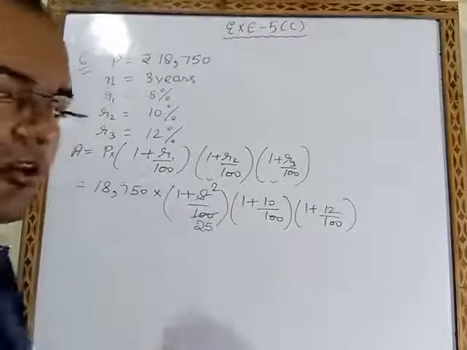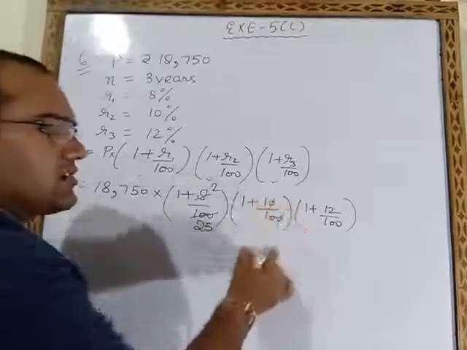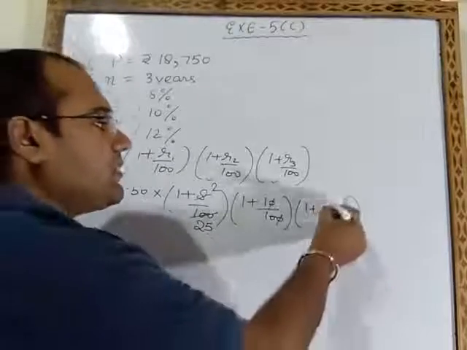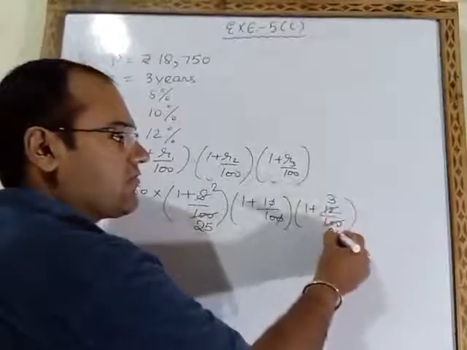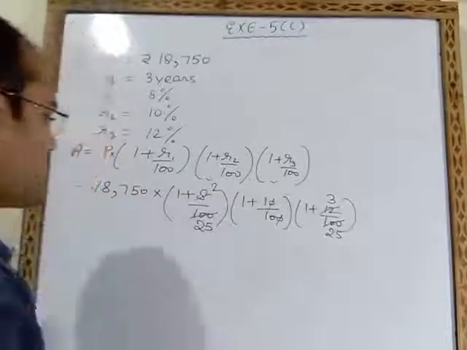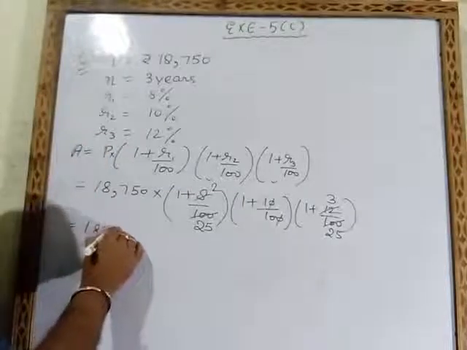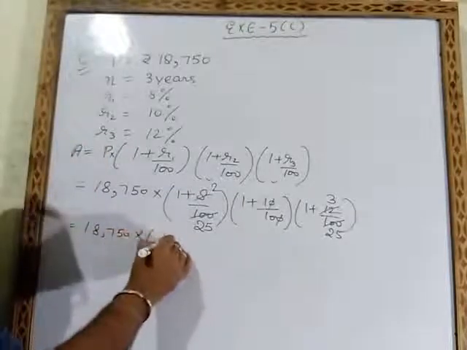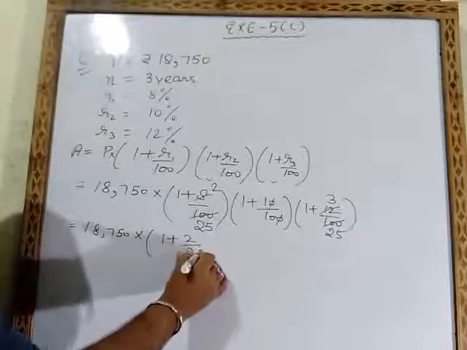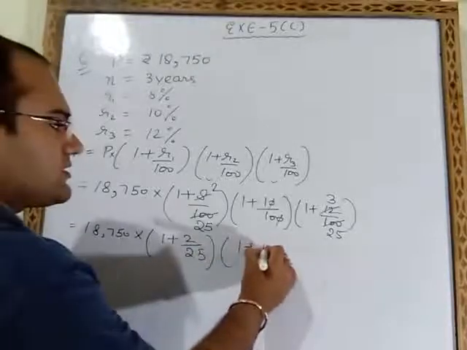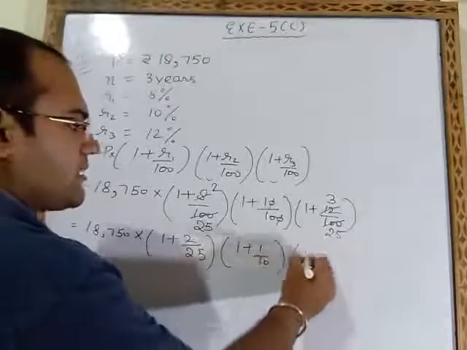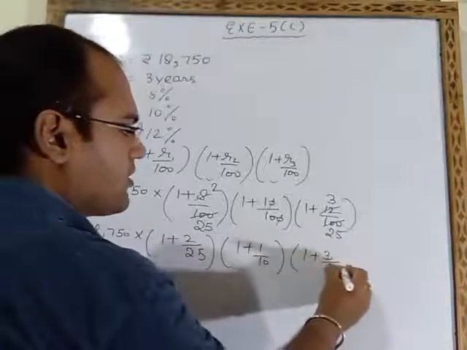Now these two numbers will not get cancelled. We will come to the next one. 0 and 0 will get cancelled. 4 3s are 12, 4 25s are 100. Now we have to write the remaining numbers. 18750 into 1 plus 2 upon 25 है, 1 plus 1 upon 10 है, 1 plus 3 upon 25.